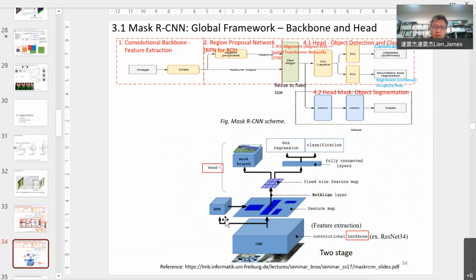So the same, because Faster RCNN is two stage. One stage is directly from here. It's faster. And the other is an RPN, region proposal network. The purpose of the region proposal network is to find the bounding box.